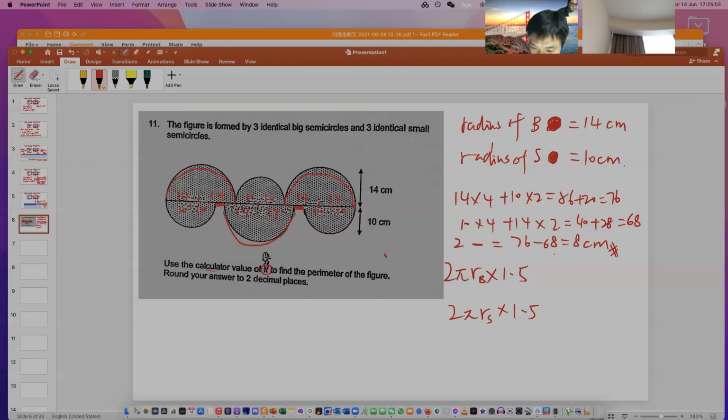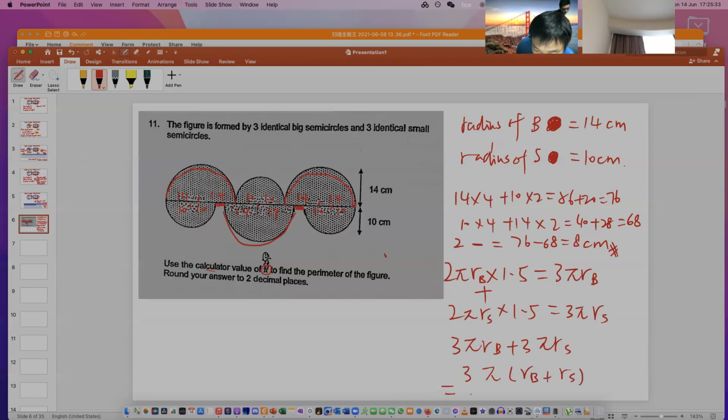To be more precise, ultimately I have to add these two up. Let me simplify this first. I will get 3 pi r big and 3 pi r small, and then add these two up. So I have 3 pi common, so 3 pi times r big plus r small.